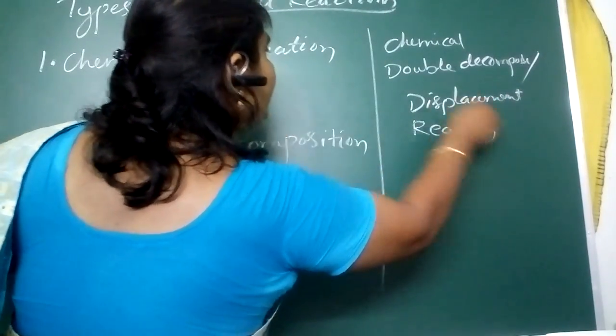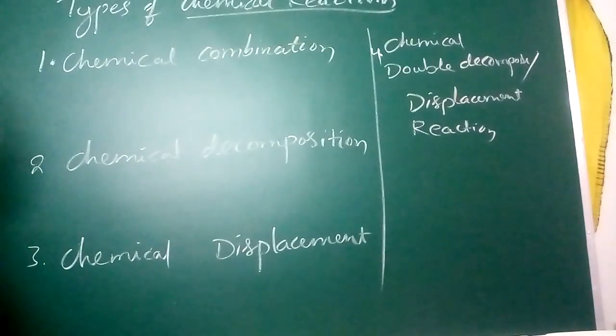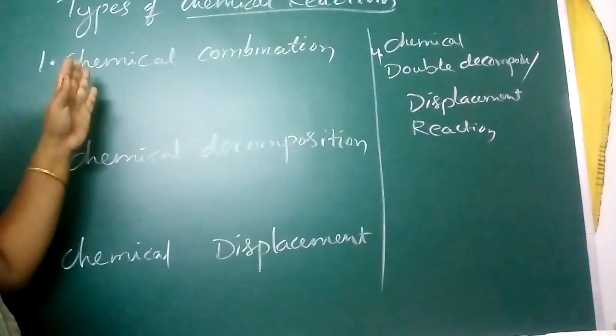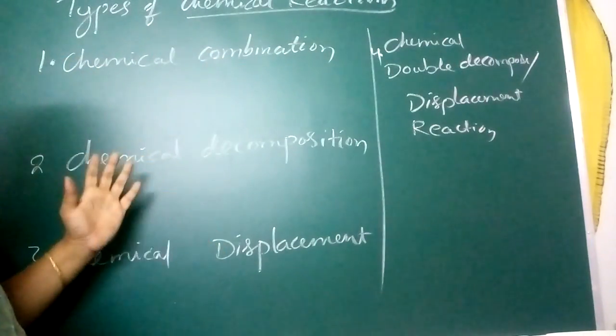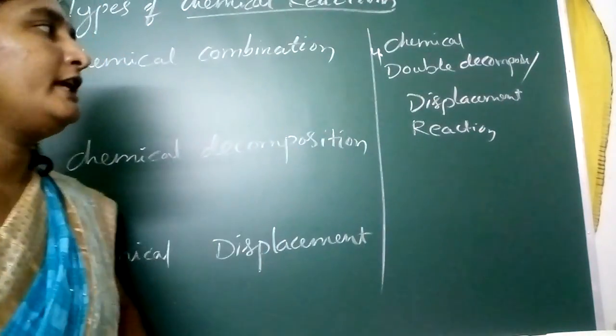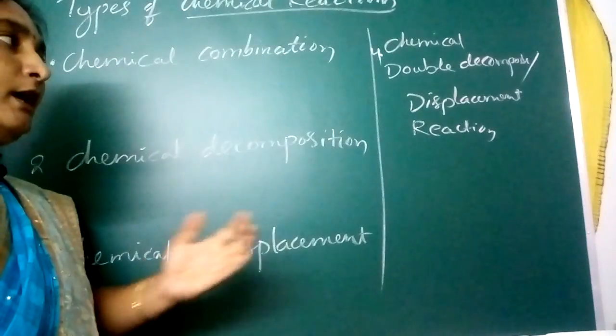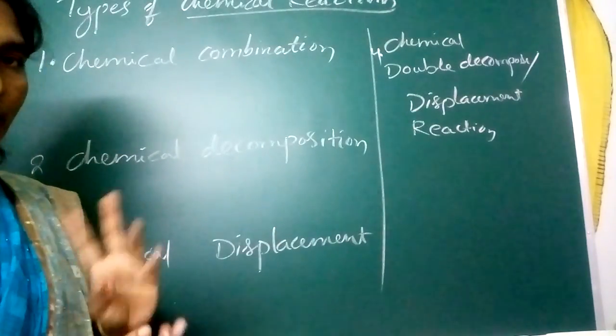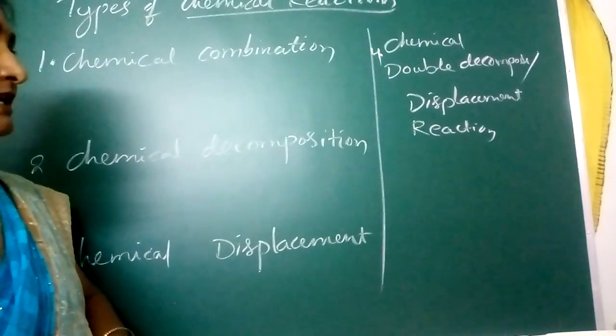These are the one classification. There are four types of chemical reactions: first the chemical combination reaction, then chemical decomposition, chemical displacement, and chemical double displacement reaction. Okay, two names also we can say for that.